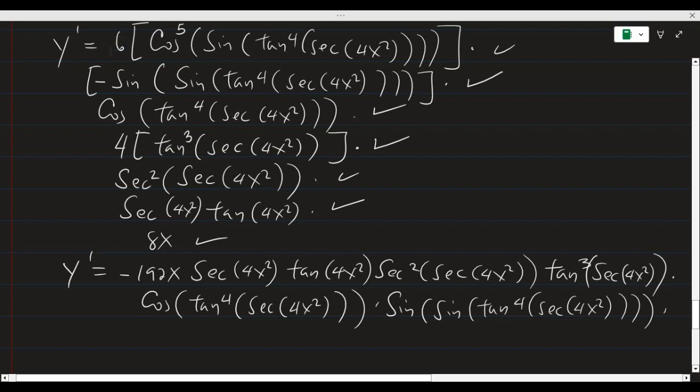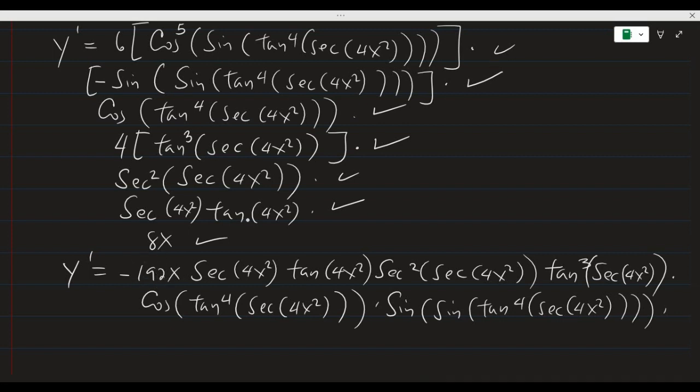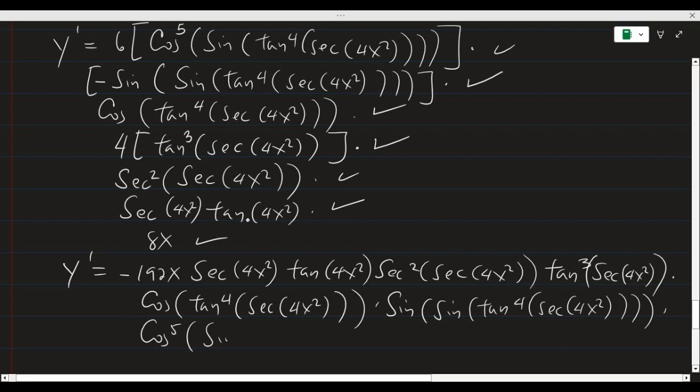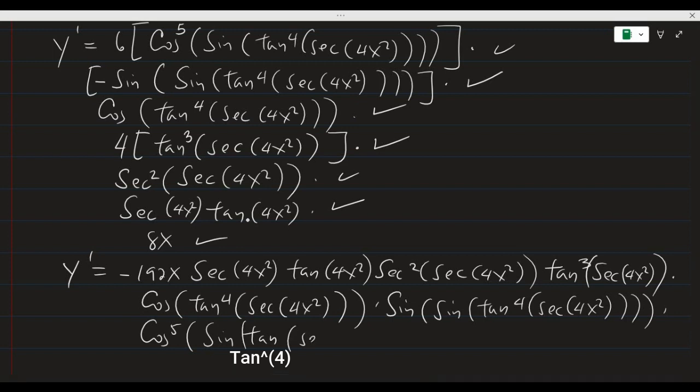Take note that the 6 has already been included into the negative 192x as well. So what we are left with is cosine to the fifth of sine of tangent of secant of 4x squared. So this is our final answer.